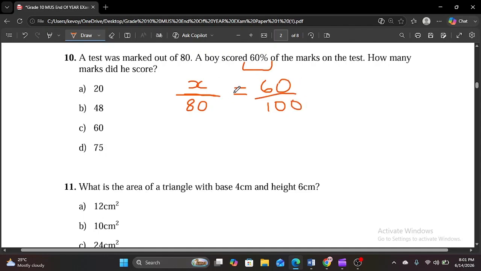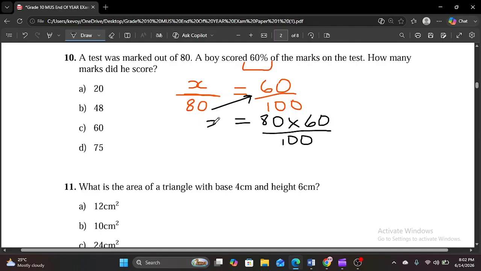If we have our equal sign right there, we're going to cross multiply. So 80 times 60, and then we'll divide it by 100. To get x by itself, we multiply 80 by 60, all over 100.